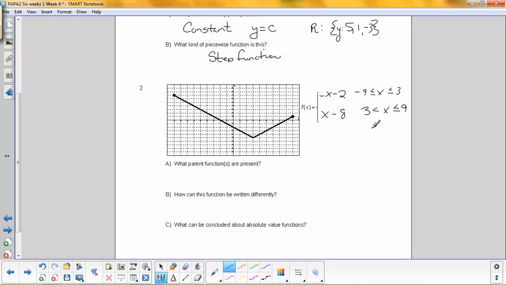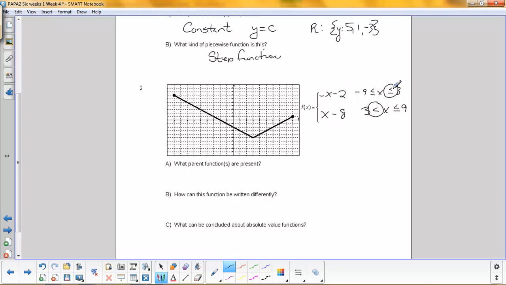Now this brings up a very important point, the distinction between this and this. Please recall that a function may only be a function if the values of x do not repeat. If both this and this have equal to symbols, you will have two values of x, and that is a repeated value of x, because you'll have one that exists on this function and one that exists on this function.